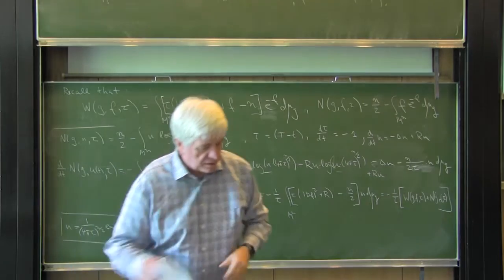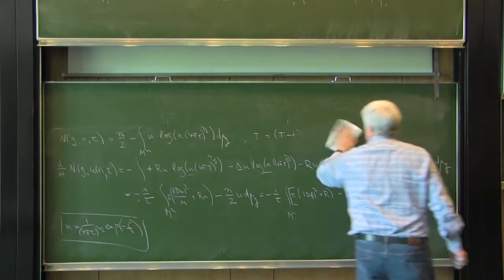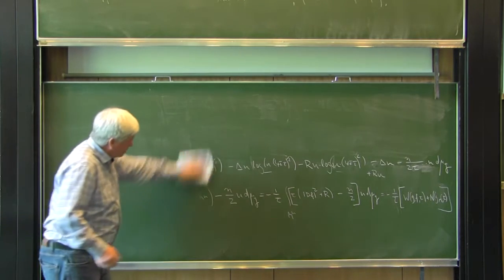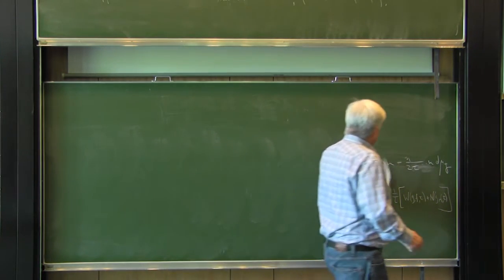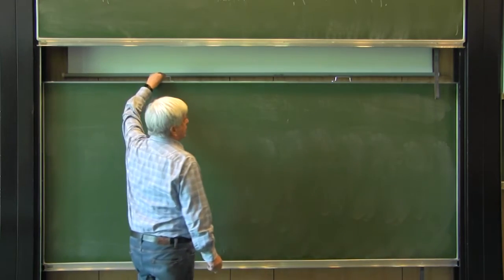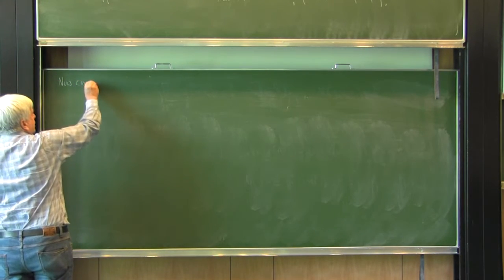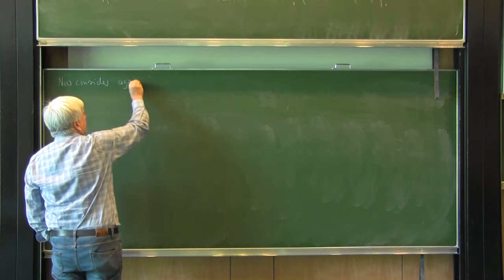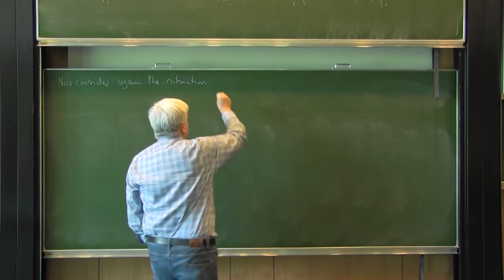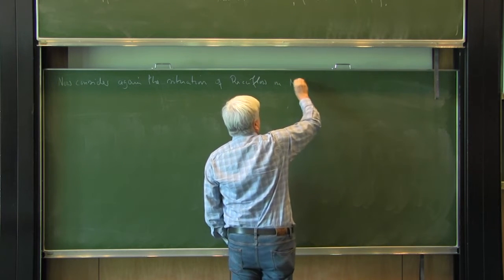So here's the computation. Right, so now consider again the situation of Ricci flow on Mn.